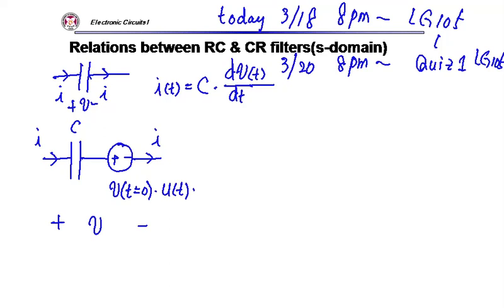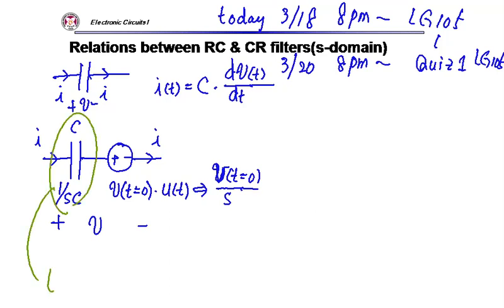This can be replaced by just 1 over S, sorry, this constant. And then this impedance is just 1 over SC. And this capacitor has zero initial condition, right?